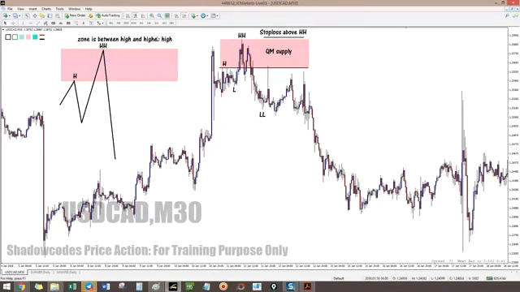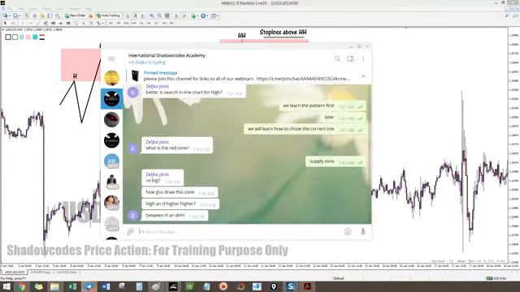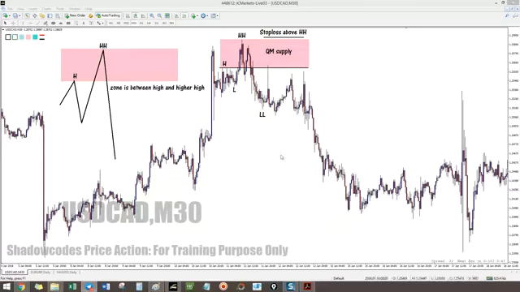Get this? Alright. This is the question, how to draw zone. Okay, so this is the answer. Alright. Okay. Then answer the question.